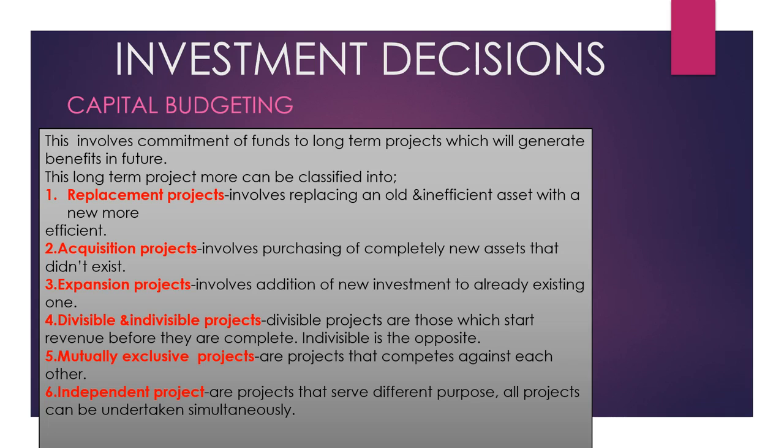So in this case, these 2 projects compete against each other. For the manufacturer to make a wise decision, we select a project that has high NPV and high internal rate of return. So in that scenario, when you have two projects that compete against each other, you select the project which has high net present value and high internal rate of return.